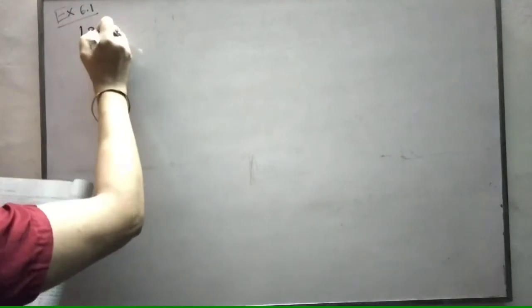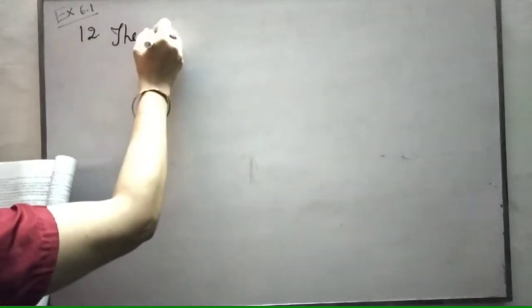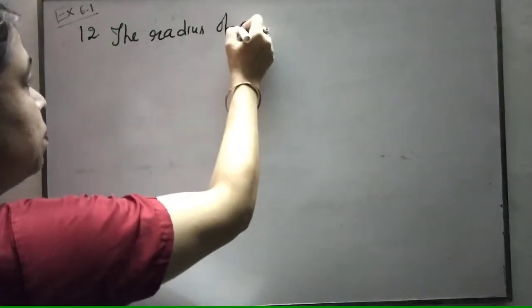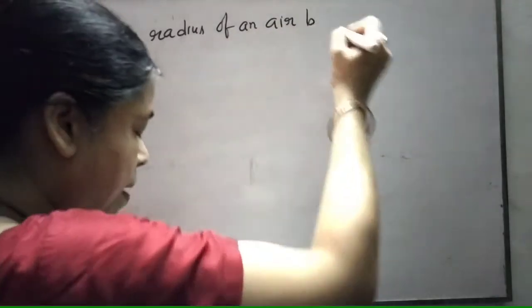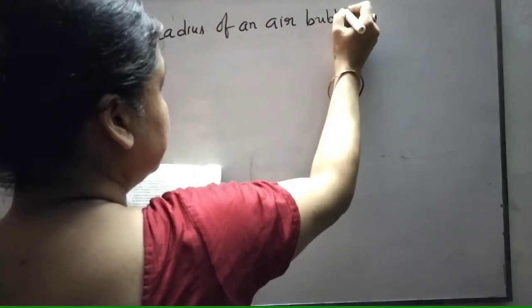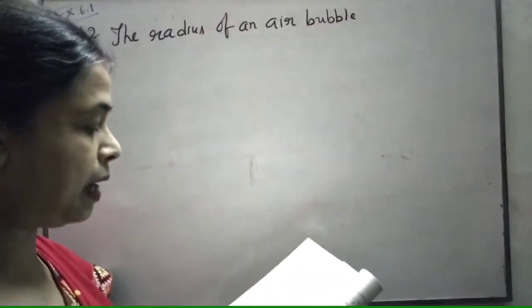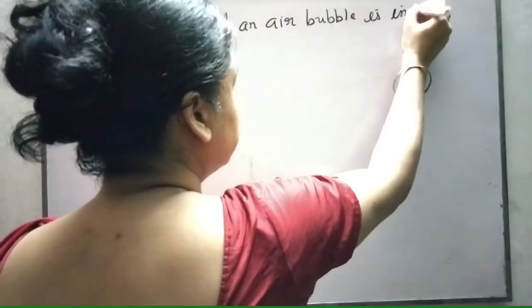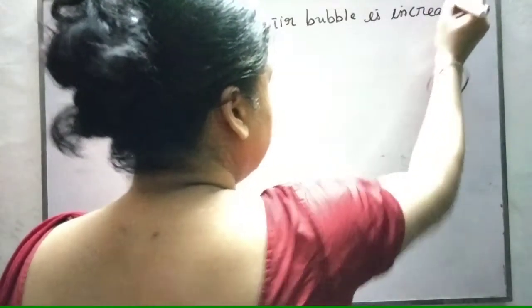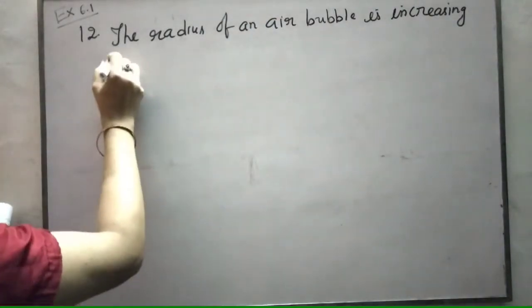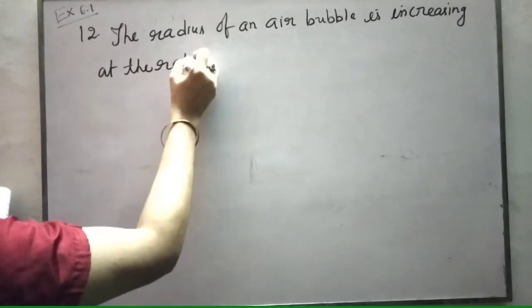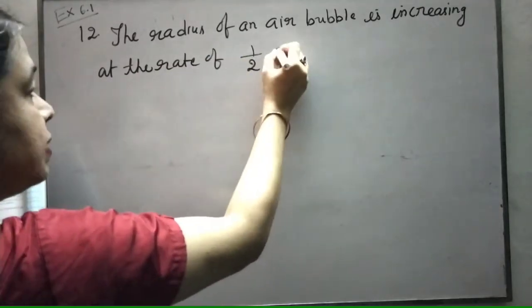Now you see, question number 12 is: the radius of an air bubble is increasing at the rate of half centimeter per second.